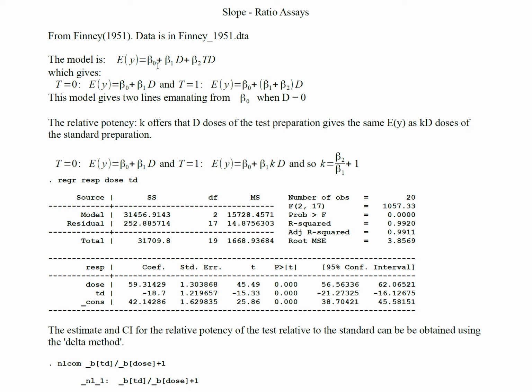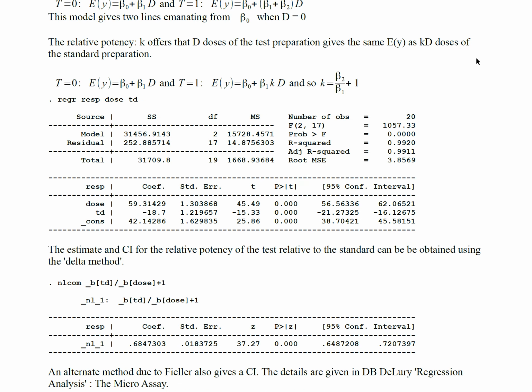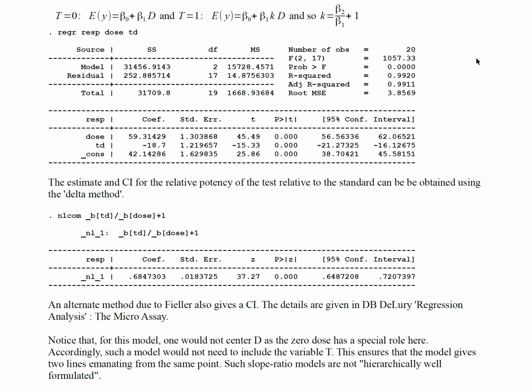Okay. Now I'll also point out for you here that once we have carried out this regression analysis, and we've used in Stata the regress command, that we then can consider the estimation of the relative potency. Okay? And in Stata, that's nicely available to us. It's nicely set up for us.